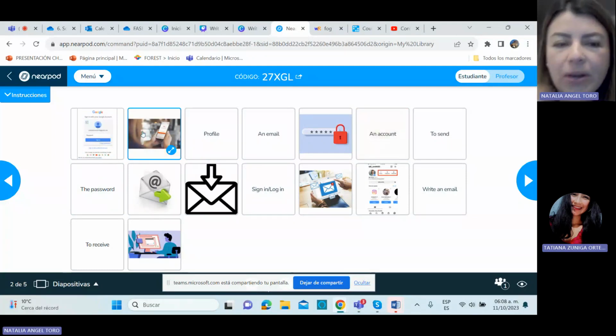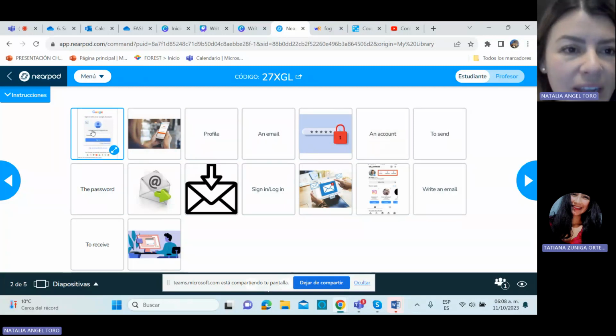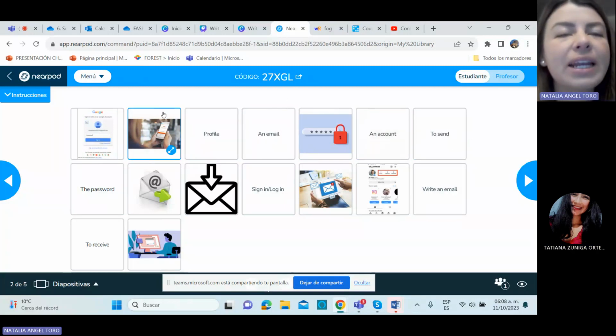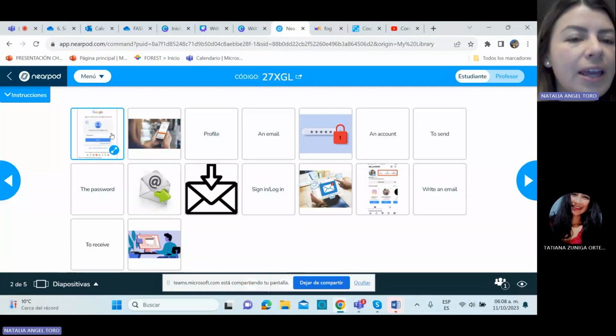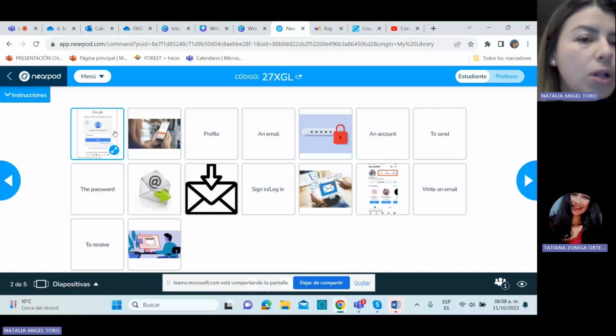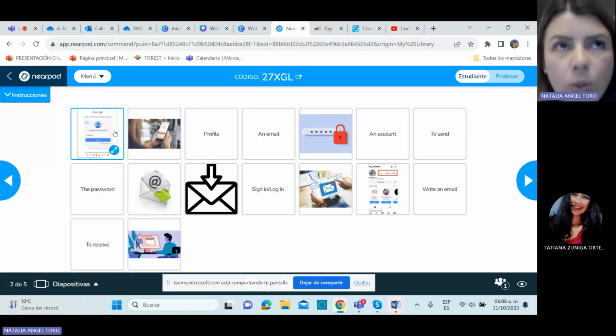Okay. No. An account, normally, could be in Google, could be in Yahoo, could be in Outlook.